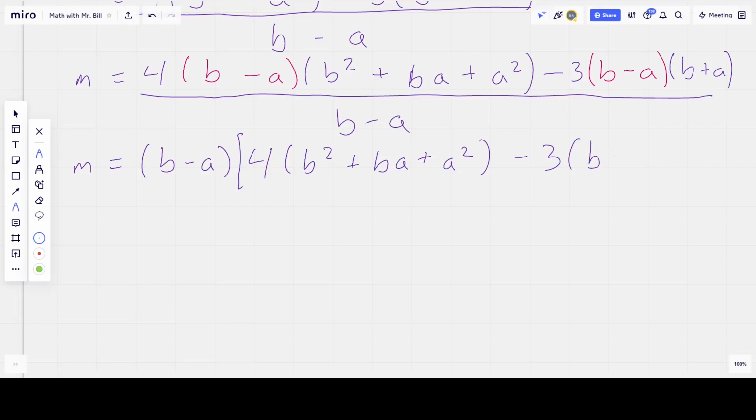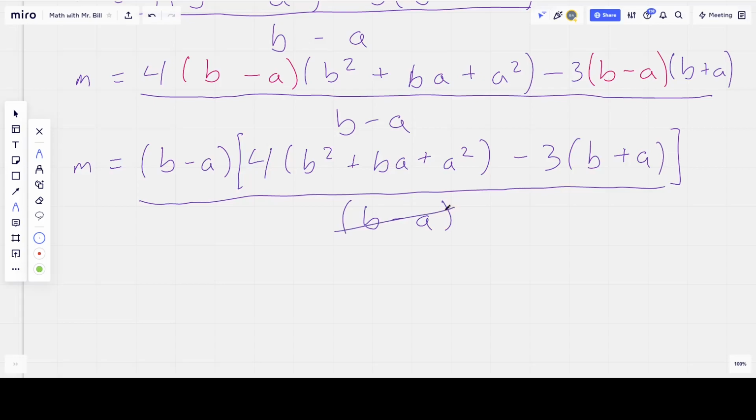So pull out that b minus a, and then we get 4 times b squared plus ba plus a squared minus 3 times b plus a, and this is all over b minus a. So then the b minus a's cancel, and then we're left with just a pair of polynomials that are being subtracted.